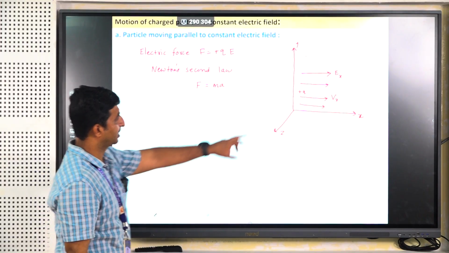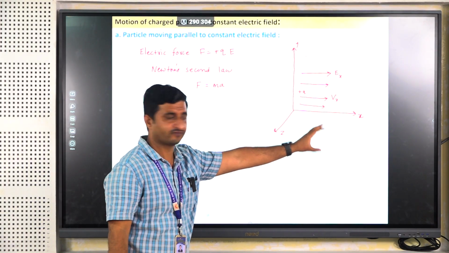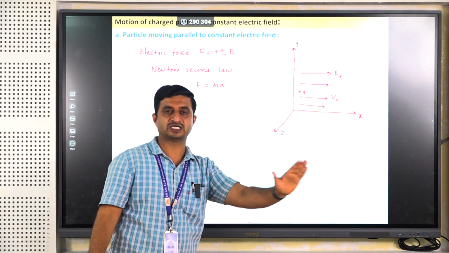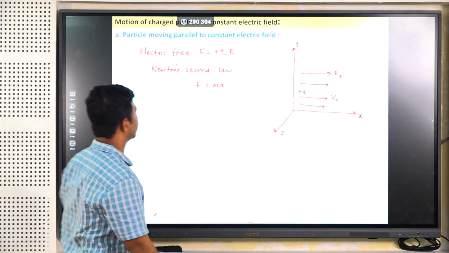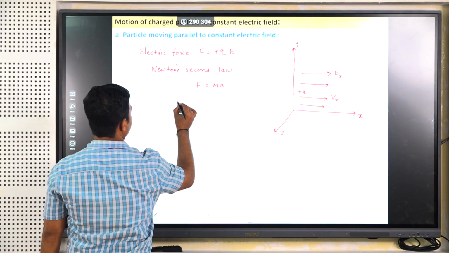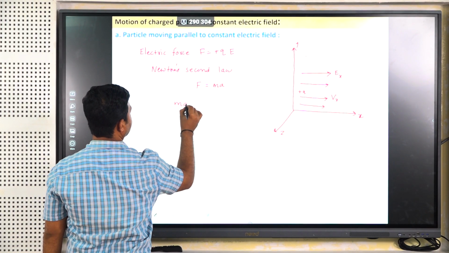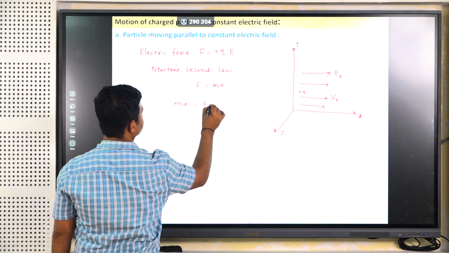The same here: when the charged particle is moving in the electric field, the electric force acts on the charged particle and this charged particle gets accelerated. So we can put here F is equal to ma is equal to QE.